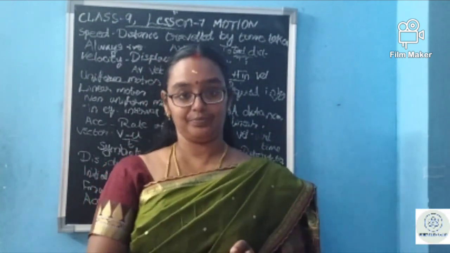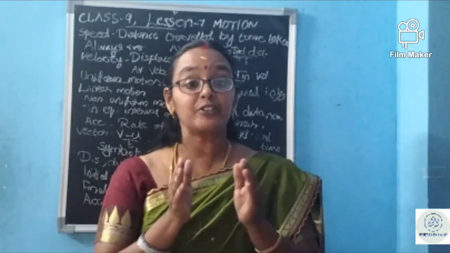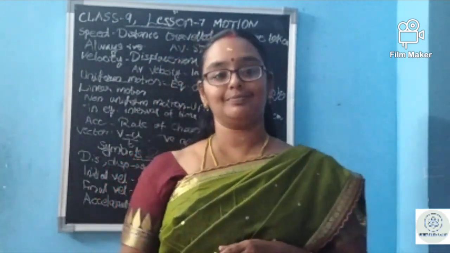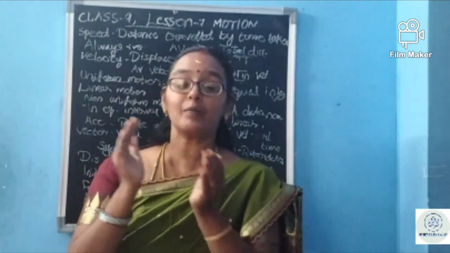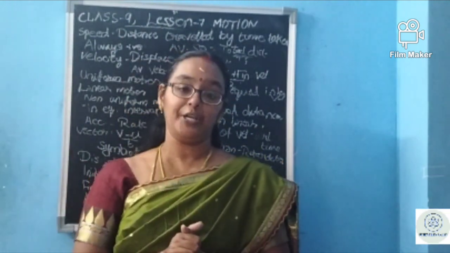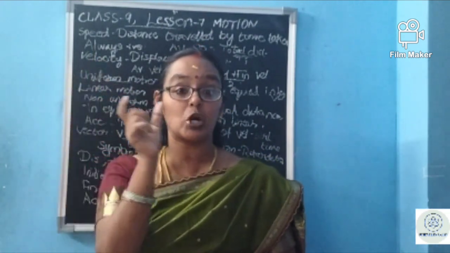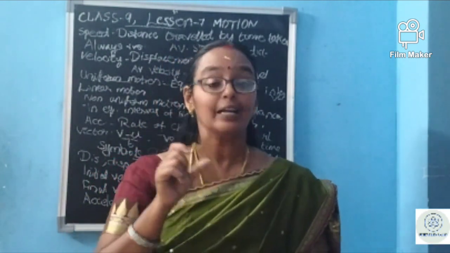What is velocity? Velocity is the speed only, dears, but it will have a direction also. Speed with direction makes the velocity. Is it interesting? Okay. So we have to make a change. Distance is the one which does not have direction.